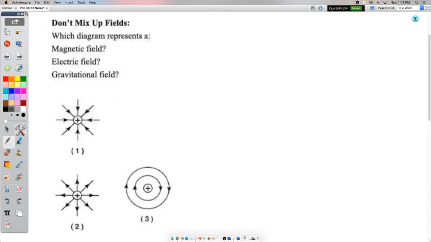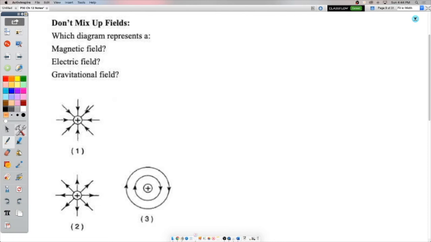Let's start with number 1. Looking at number 1 here, is this a magnetic, electric, or gravitational field? Could this be a magnetic field? We have some positive charge here. Is this what a magnetic field does? Does it go radially inward towards a charge? No. So 1 is not a magnetic field. Could it be an electric field?